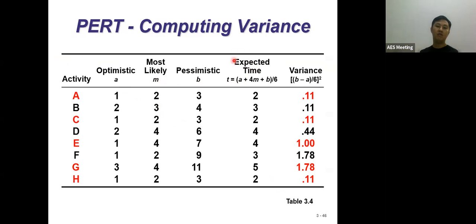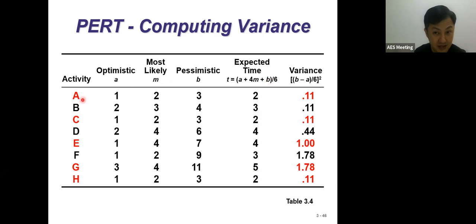We apply the formula for expected time and also the formula for variance. Once you have all the computations, you will get all the answers based on the formulas. For example, I will show you based on the question.